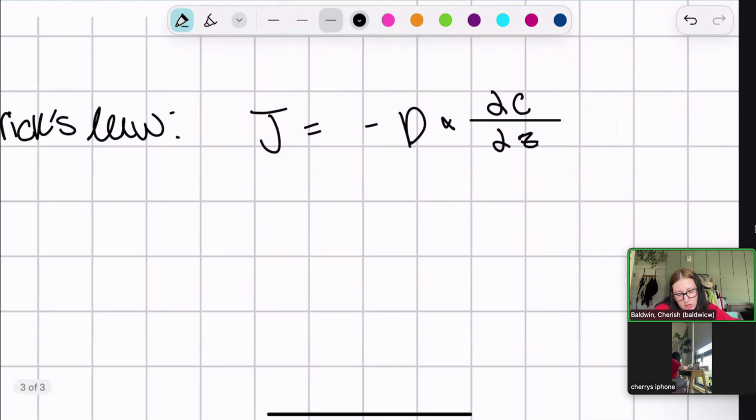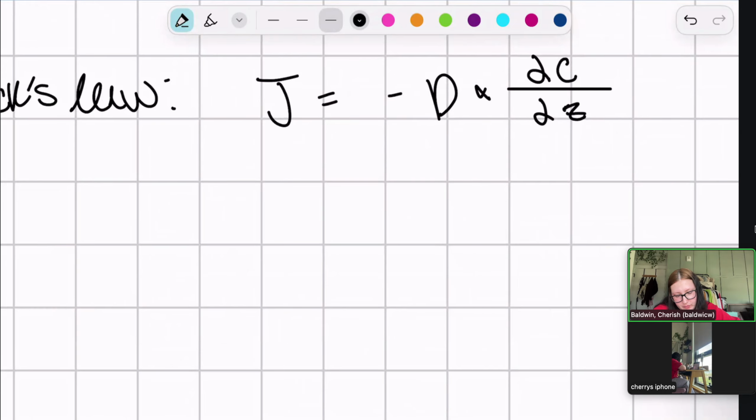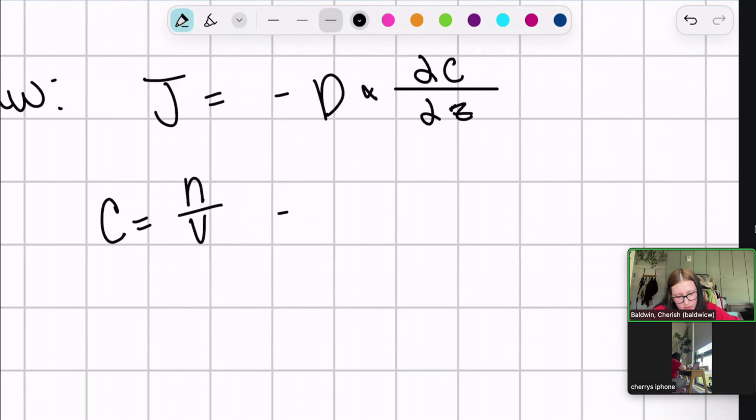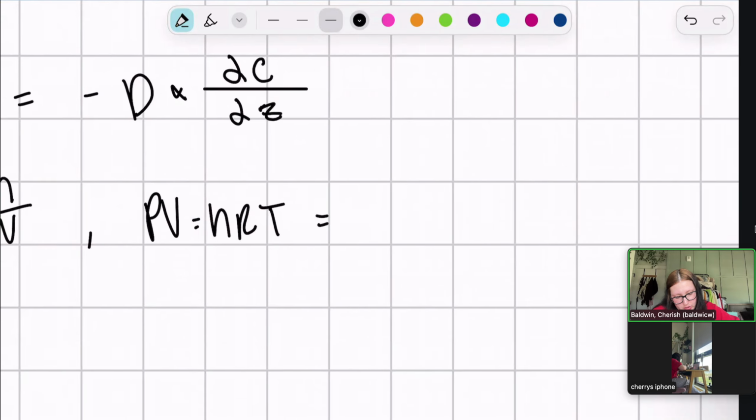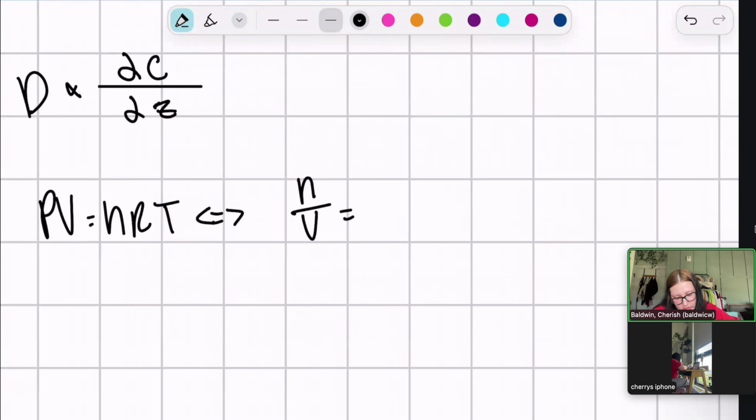So we can model concentration by moles over volume. And if we think of it as a chemistry problem, PV equals nRT. So we can rewrite this equation as N over V is equal to P over RT.